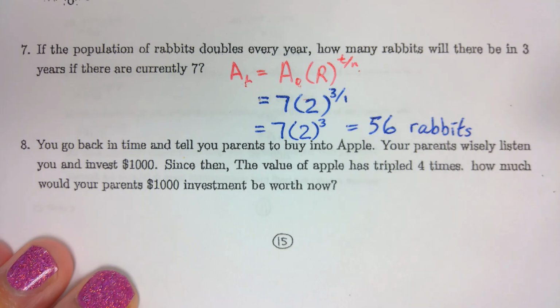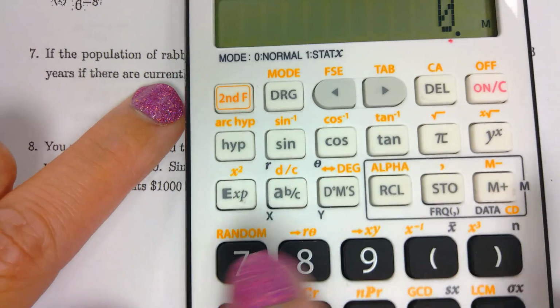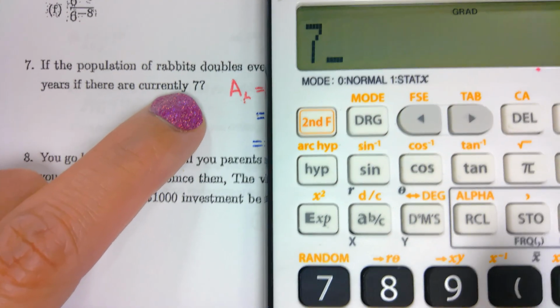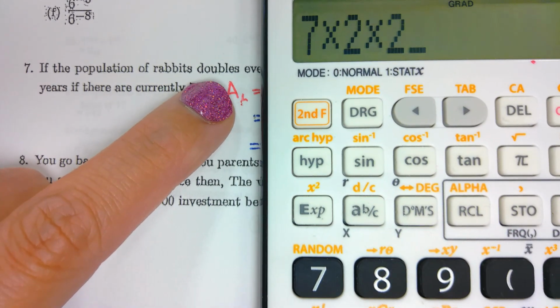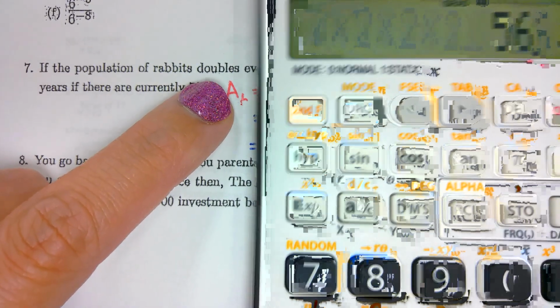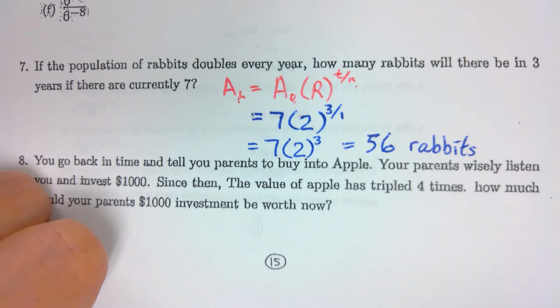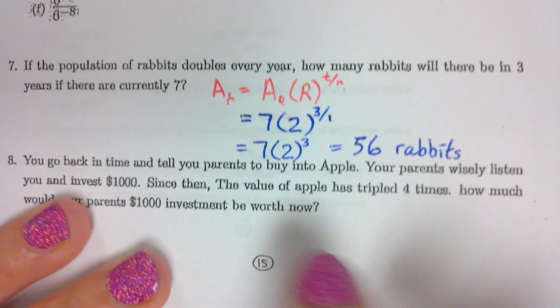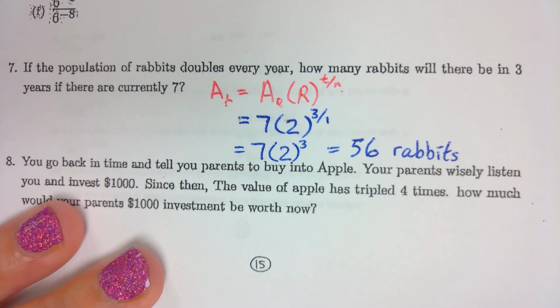All right. So you could use this formula, but if you think just in general, okay, so first off, there were 7 rabbits, and then it doubles every year for the next 3 years. So double, double, double, and you'll get 56. Okay. So what if I said, what about in 20 years?